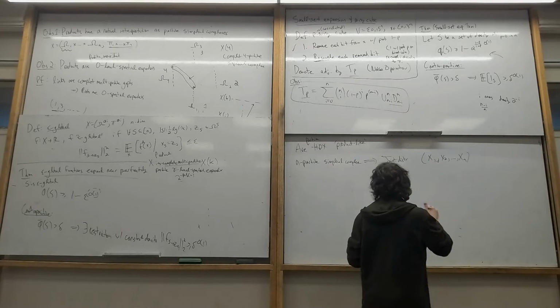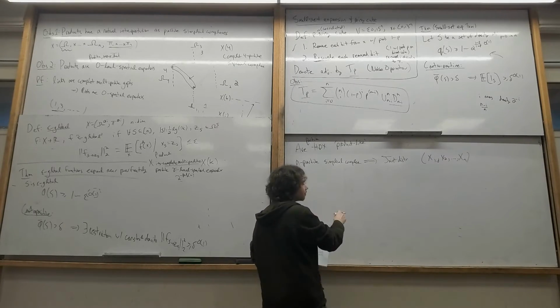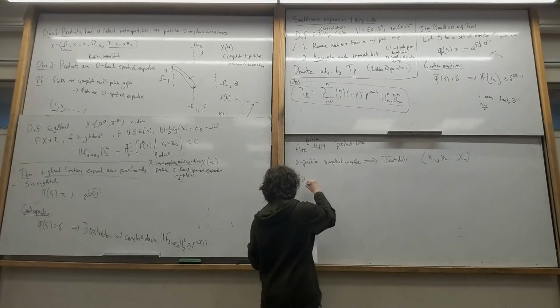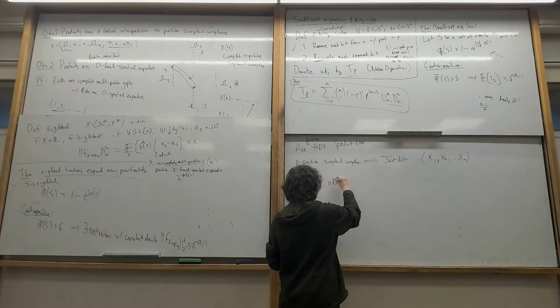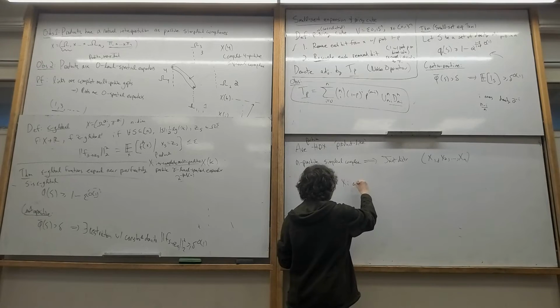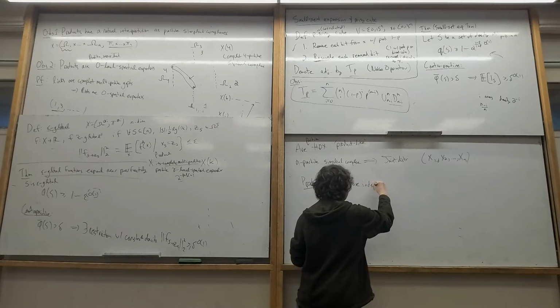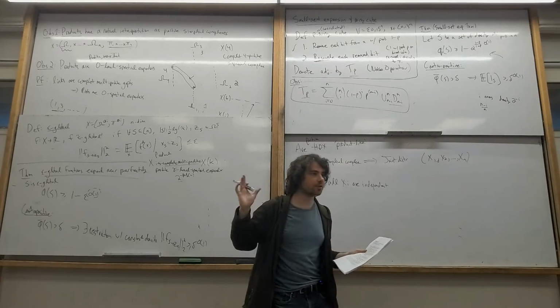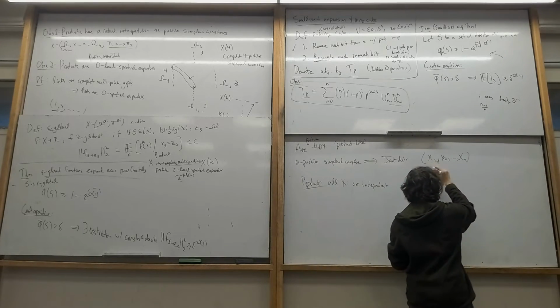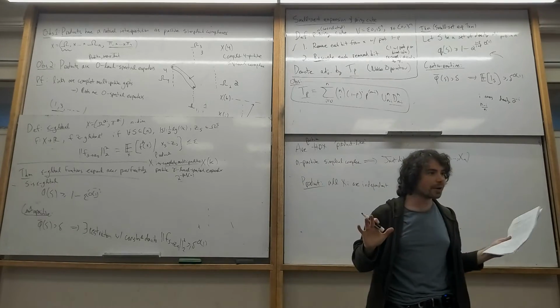So what is a product in this case? Well, now we're sort of back in the traditional setting. A product just means all the x_i are independent. Right? If I'm the complete multipartite complex, or I'm coming from a product, all of these are completely independent. It doesn't matter at all how I condition.